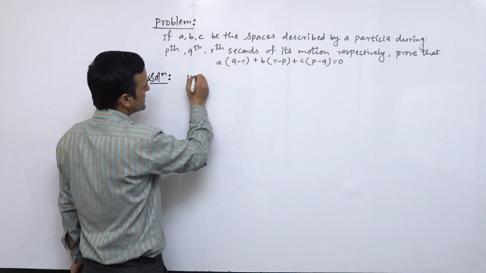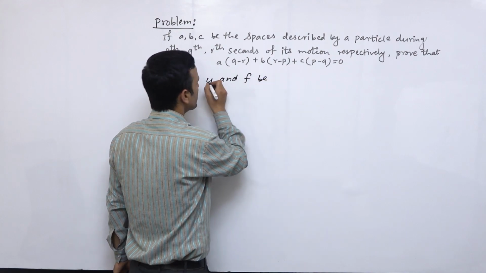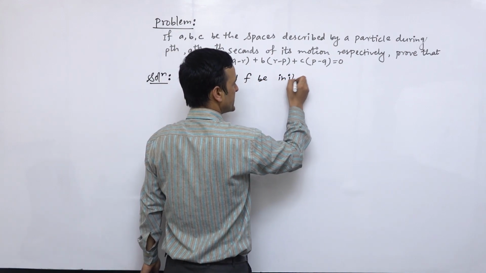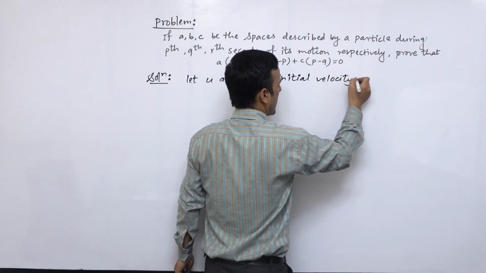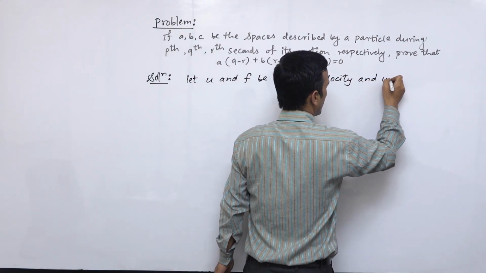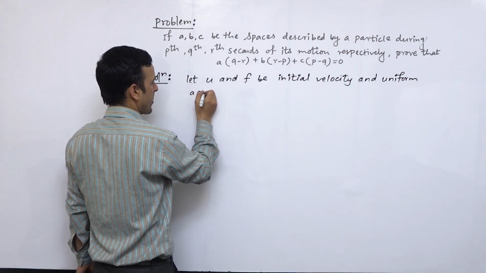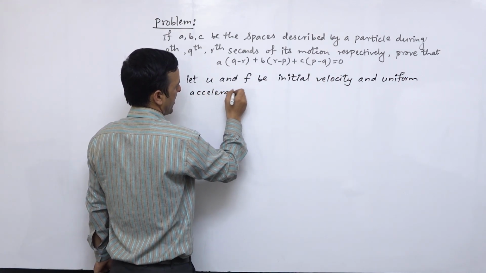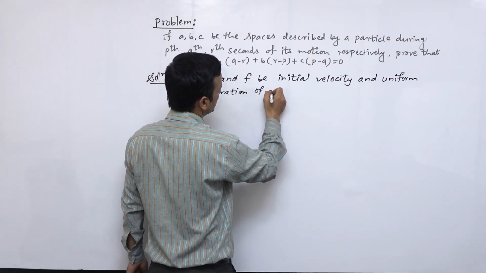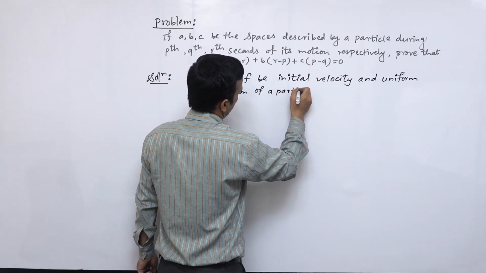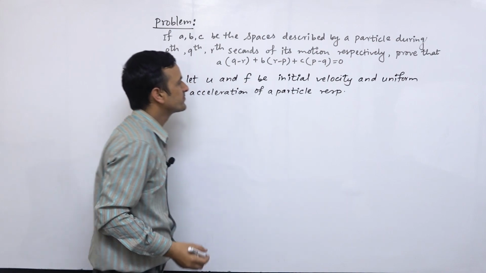suppose let u and f be the initial velocity and uniform acceleration of a particle respectively.